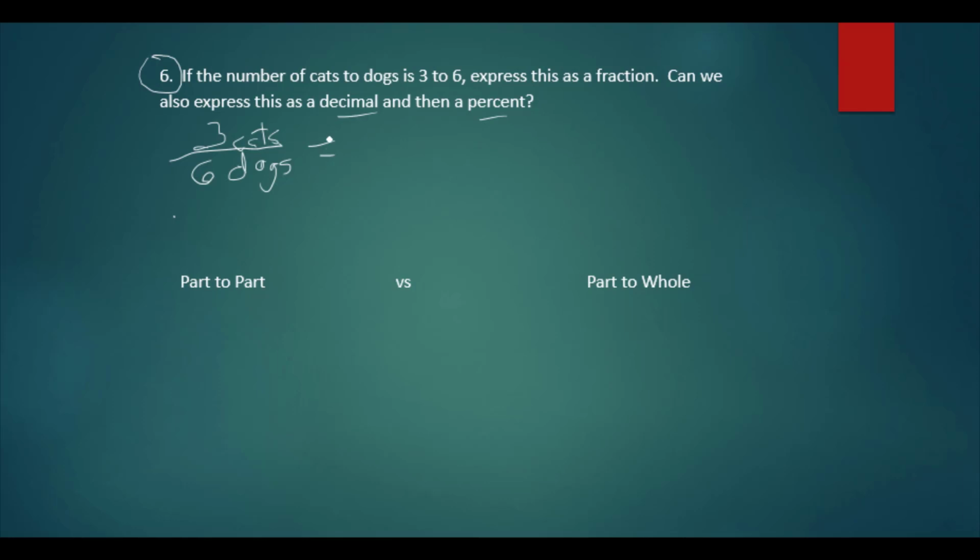And that would be just dividing it. You would get 0.5 cats to one dog, or multiply the numerator and the denominator by 100, and you would get 50 cats for every 100 dogs.